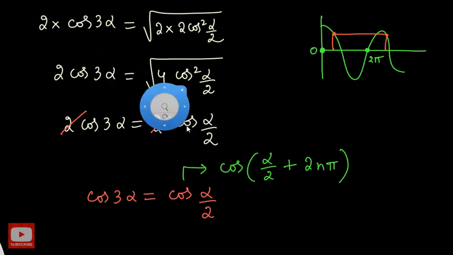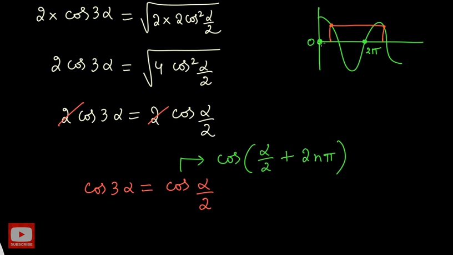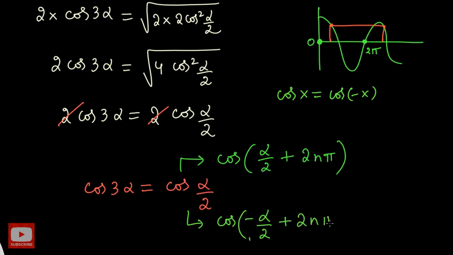Okay, and we have another case also. What about the negative values? We also know that cos alpha by 2 can also be written as cos of minus alpha by 2, right? So we know this fact that cos x is the same as cos of negative x. So minus alpha by 2 should also be considered, and the same rotation as well, 2n pi.